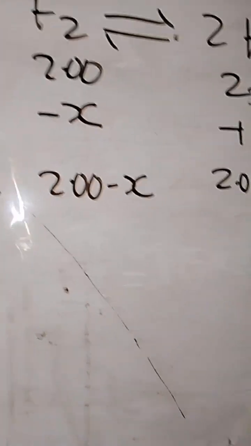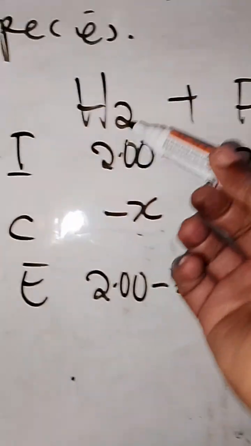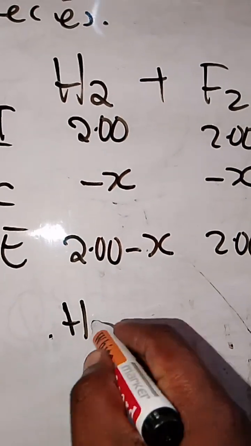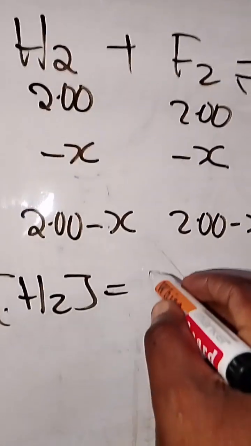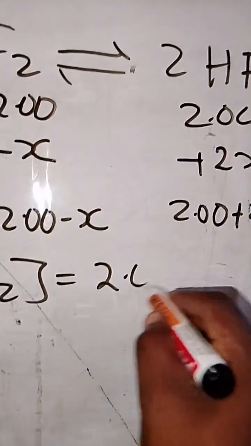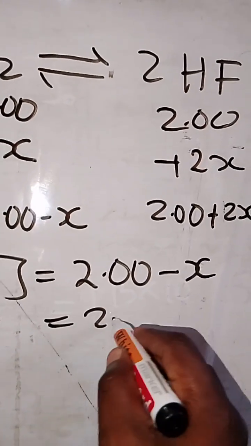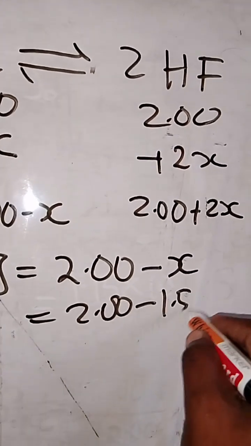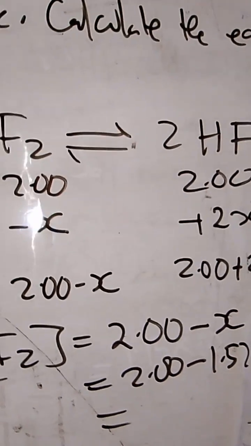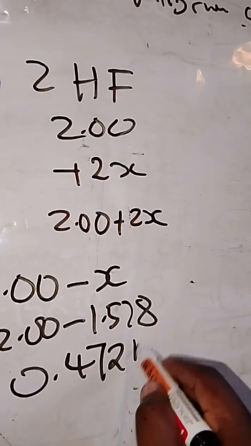So we now calculate the equilibrium concentrations. For hydrogen and fluorine, they are equal. So the concentration of hydrogen is equal to the concentration of fluorine, which is equal to 2.00 minus x, and we know the value for x, so 2.00 minus 1.528, which gives us 0.472 molar.